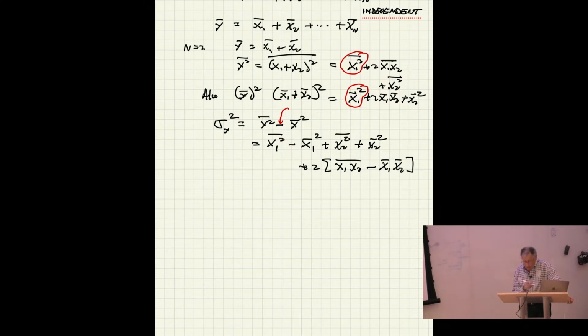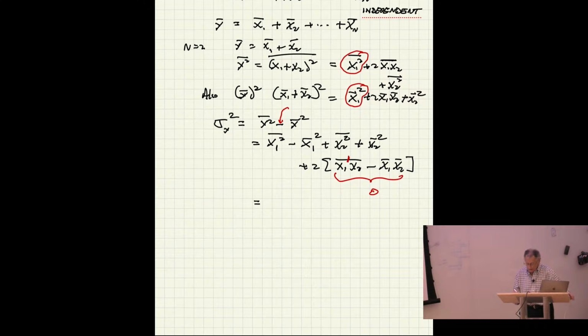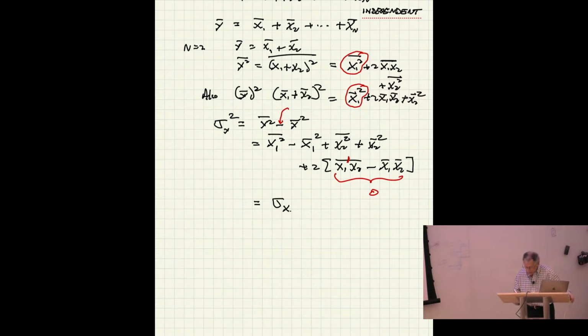Now, if they're independent, and I said they are, then I can break this. And this whole thing goes to 0. And so what am I left with then? I've got x2 squared, second moment, minus its first moment squared, and x1 second moment minus its first moment squared. So basically I got the variance of x1 plus the variance of x2.